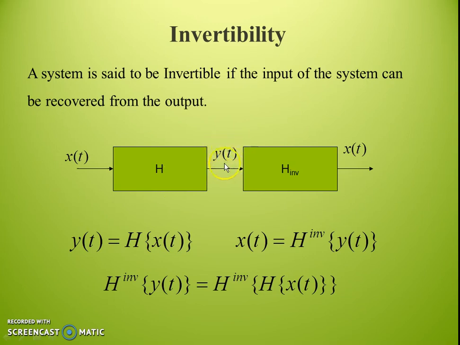If I feed this output y of t to another system whose function is h inverse, and the output is x of t, then we say that this system is an invertible system. Or we can say that for a system to be invertible, the two operations must be reciprocal of each other, or the multiplication of these two operations must be the identity value, or 1.